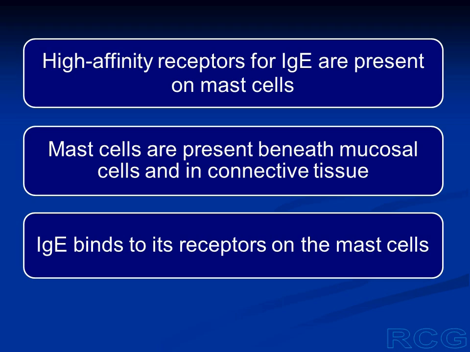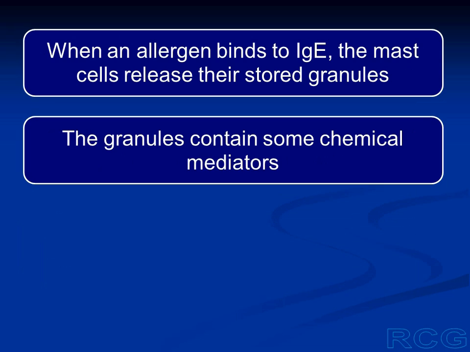The mast cells are present beneath the mucosal cells, in respiratory mucosa, in gastrointestinal mucosa, and so on. And the mast cells are also present in connective tissue. So the IgE molecules are bound to the specific receptors on the surface of the mast cells.